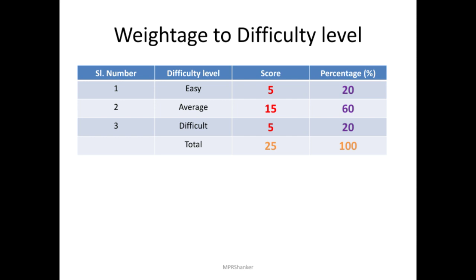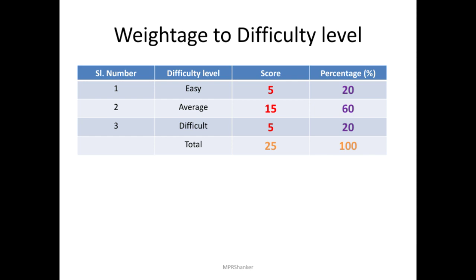Three difficulty levels are considered: easy, average and difficult. Next is the score corresponding to each level. Here we are planning to include easy items having 5 marks, average items having 15 marks and difficult items having 5 marks.